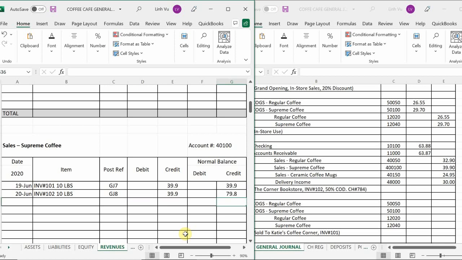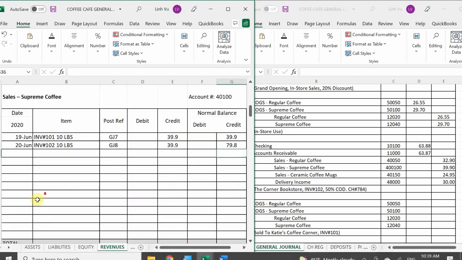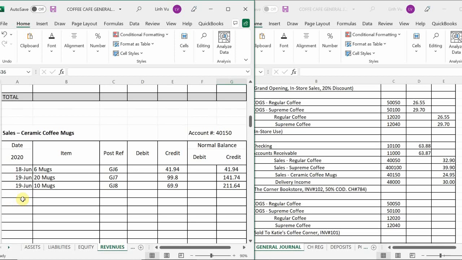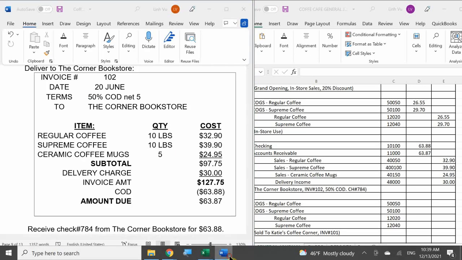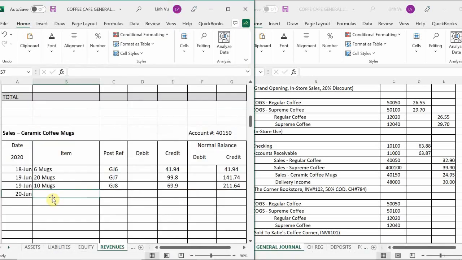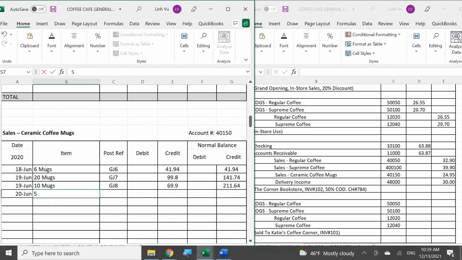We've got to do sales ceramic coffee mugs. How many mugs did we sell? 5. We sold 5, for a total of $24.95.